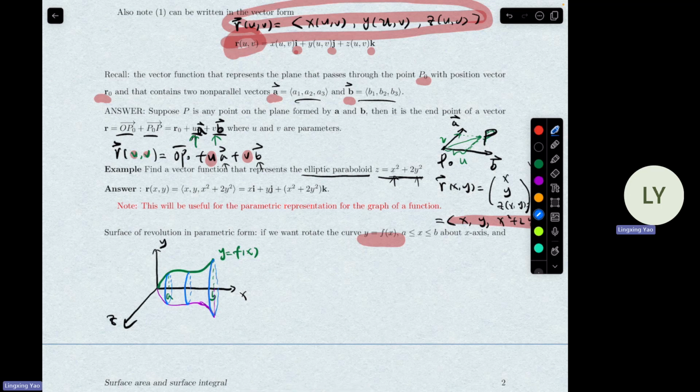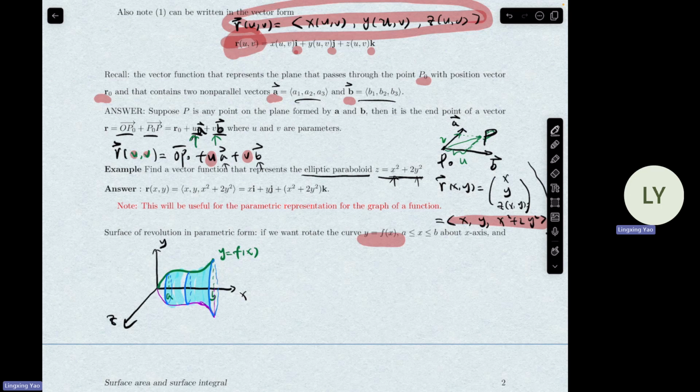So how do we parameterize this surface of rotation, which is obtained by rotating this y equals f of x?